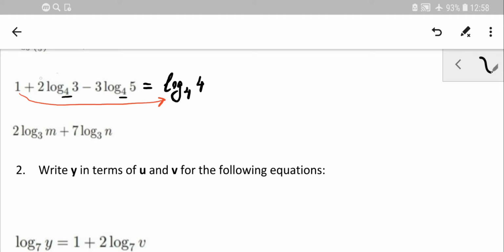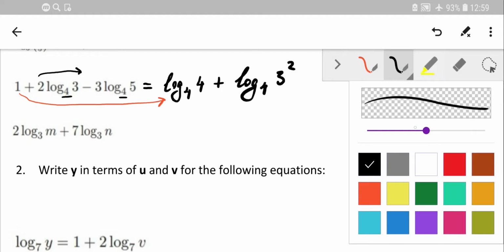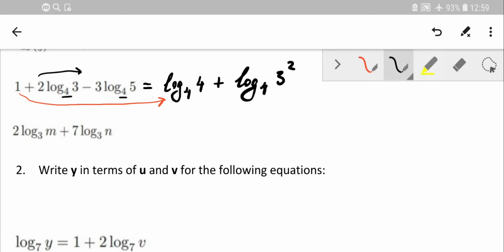So that's 2. I just go up and lift it as the power. Using the property about powers, I'll get log with the base 4 of 3 squared. That's how it works. So next one.